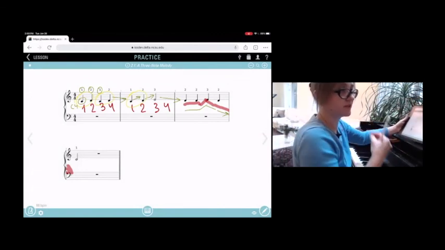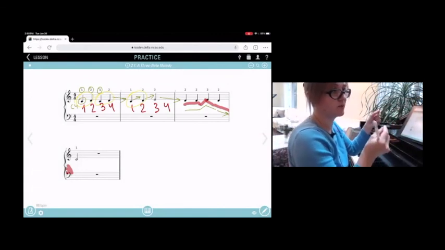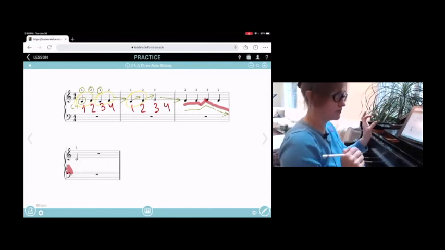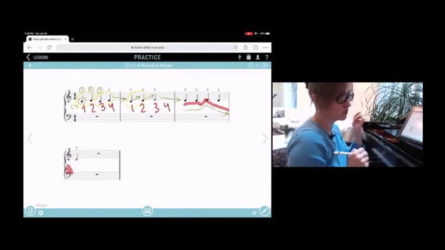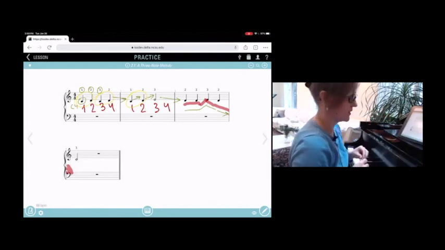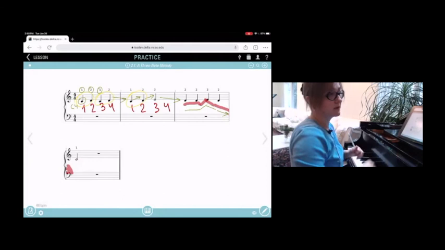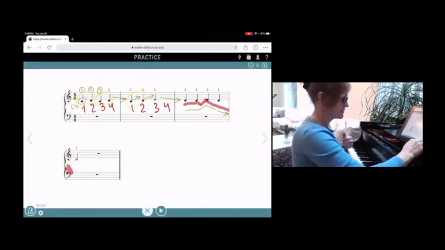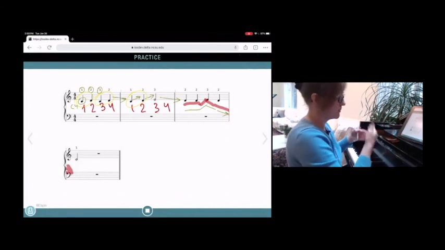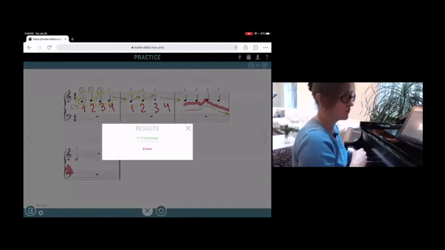So that printer type of cable, printer USB, if you would use that cable into your MIDI port in the keyboard, which would be the printer type MIDI port, and then USB or USB Lightning or USB-C to your computer or your tablet or your iPad, then it's going to read. So it will cue you, for example, like this. Right now, it will just show how it cues, and then with this metronome clicking, you will be able to play, and then it will check for your errors.